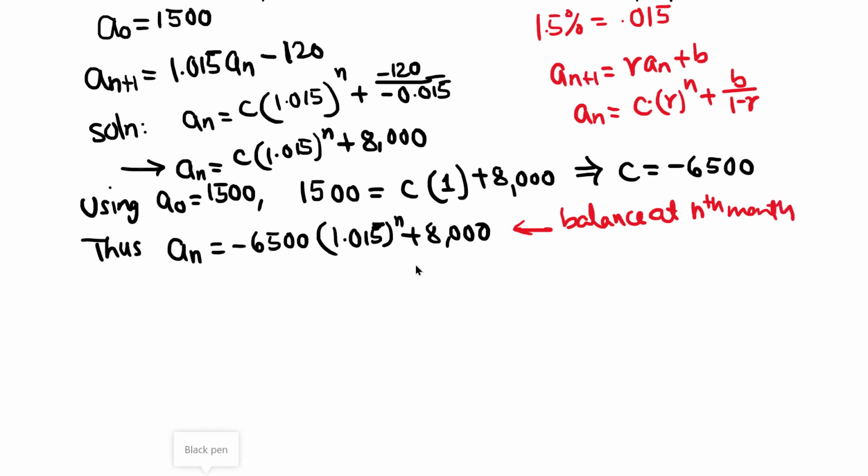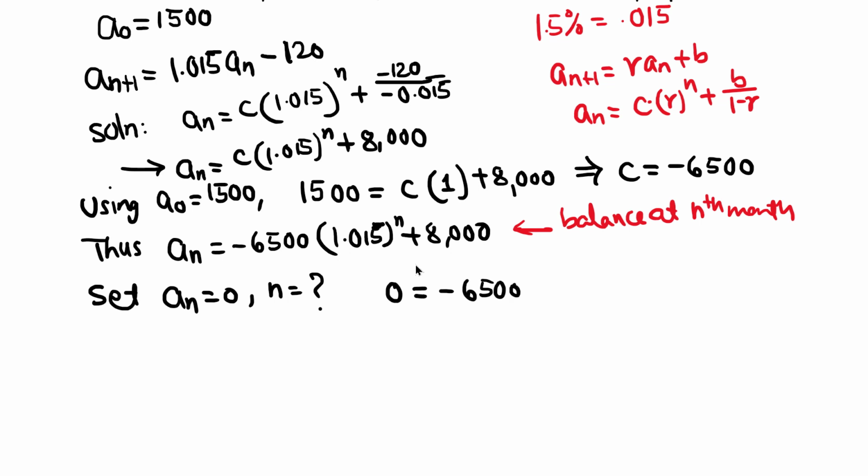Okay, now we want this balance to be 0. When? So set the balance AN equals 0 and find the N, that's the month, because we have monthly payments. So AN is 0, negative 6,500 times 1.015 raised to N plus 8,000.